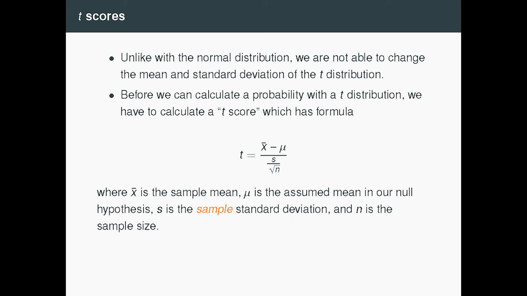It's just x bar minus mu divided by s over the square root of n, where x bar is our sample mean, mu is the assumed mean in our null hypothesis, s is the sample standard deviation because we don't have access to the population standard deviation, and n is the sample size. If you remember back to a z-score, a t-score is just the analogous thing for a t-distribution that a z-score is for the standard normal distribution.